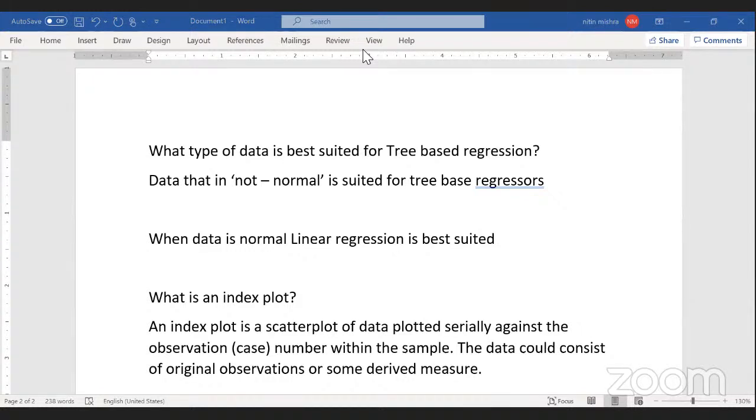For example, residuals and predicted values. Residuals and predicted values are one such example when we have the plot.